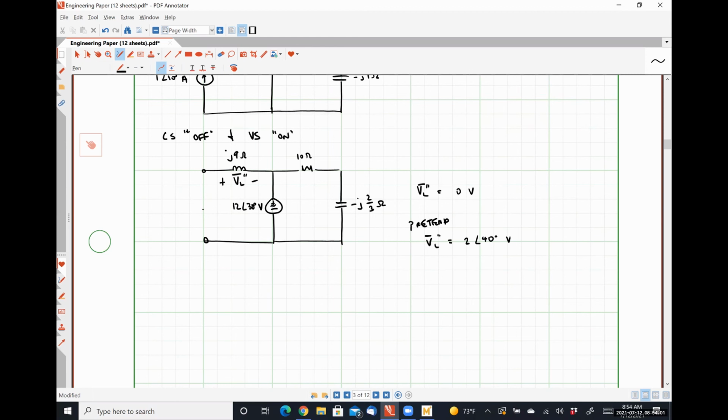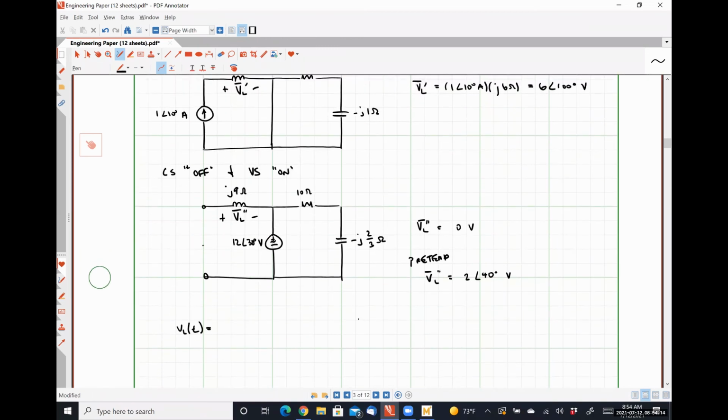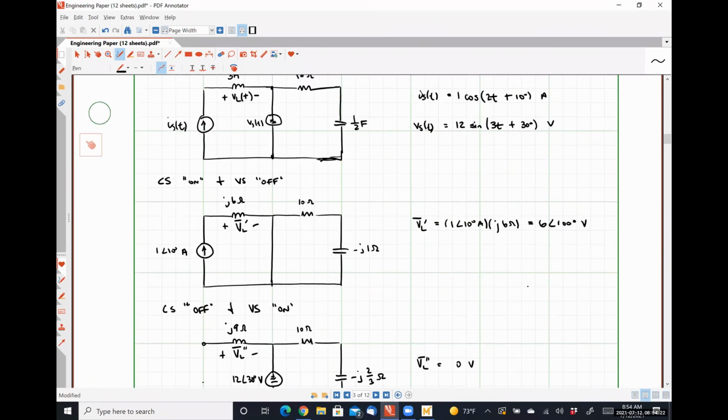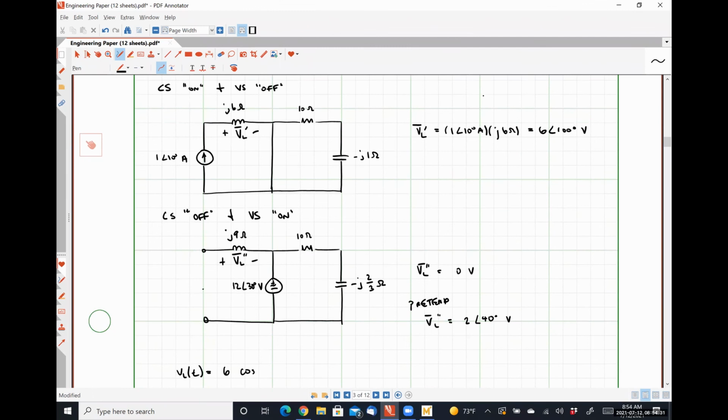So really how this thing looks, we would have VL of t is going to be 6 cosine. I realize I made a mistake here. It doesn't particularly matter. I have a sine instead of a cosine, so that voltage should be negative 60 degrees.